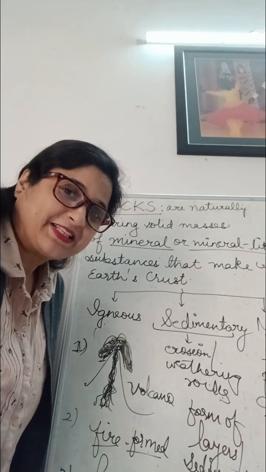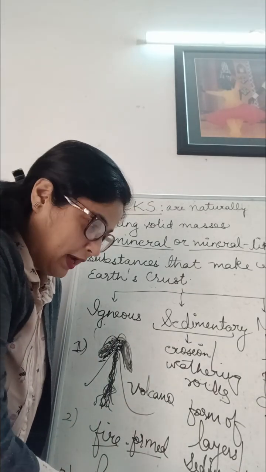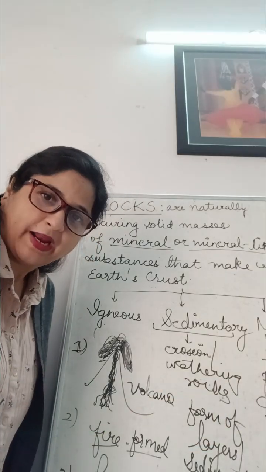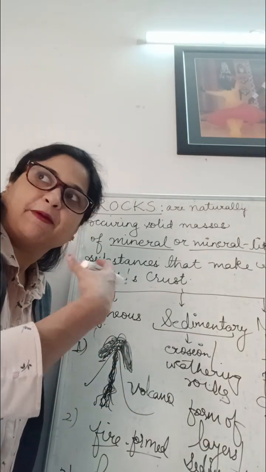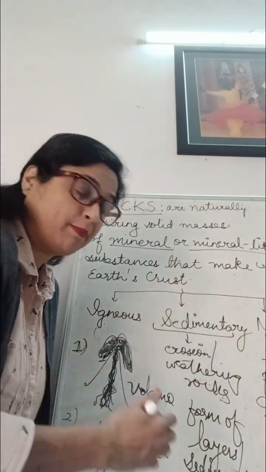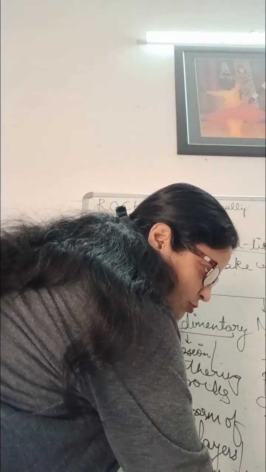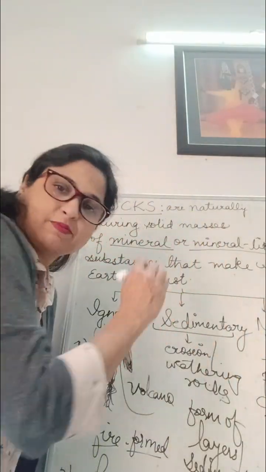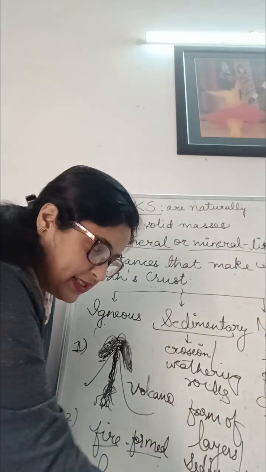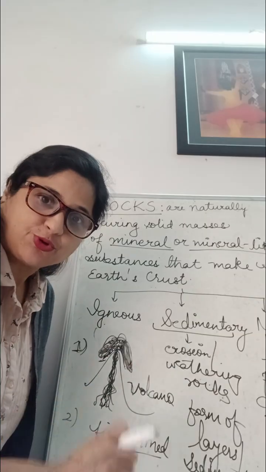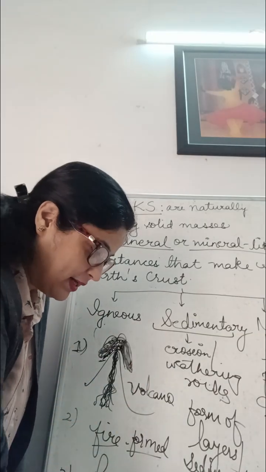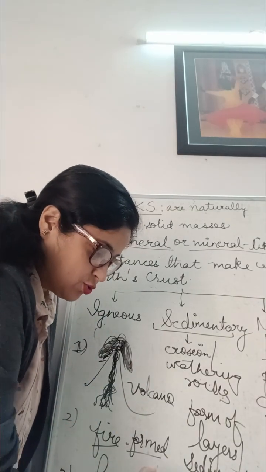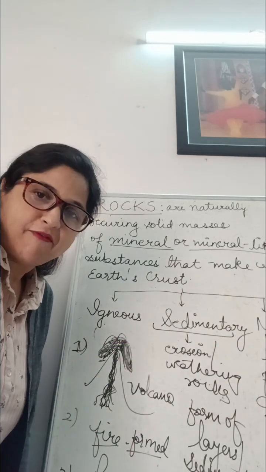What is the best example? As I told you, limestone is nothing but calcium carbonate. Under high heat and pressure it can form marble. So marble is a very good example of a metamorphic rock. Similarly, sandstone. What is sandstone? Sandstone is nothing but SiO2. So what will it form?